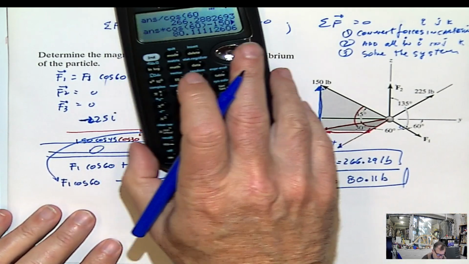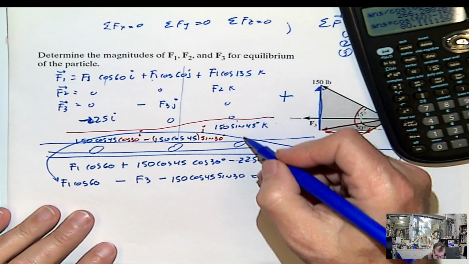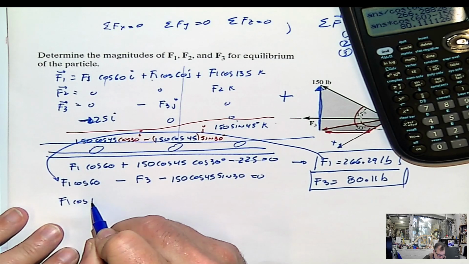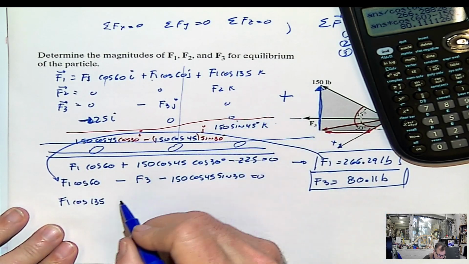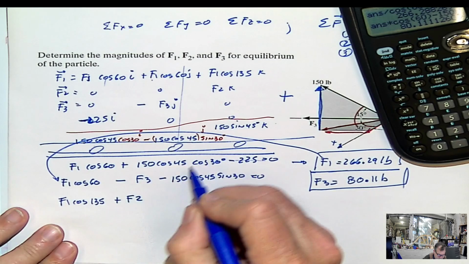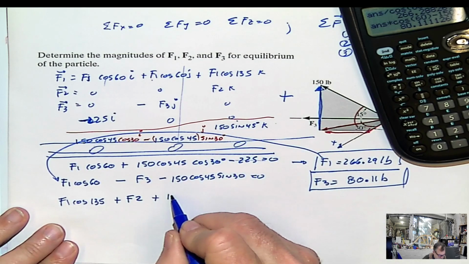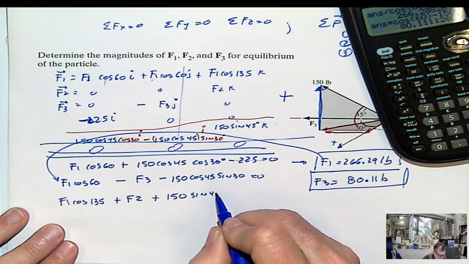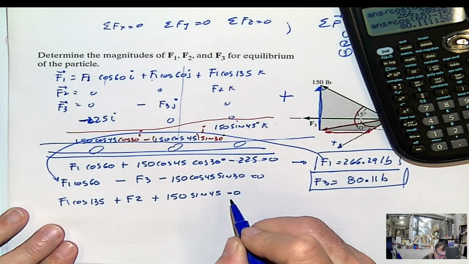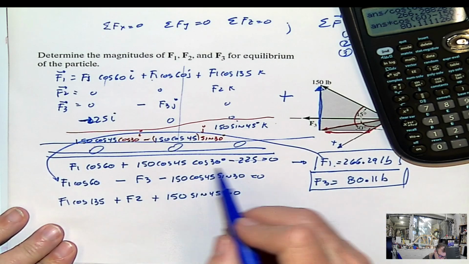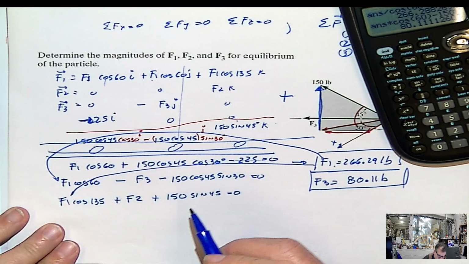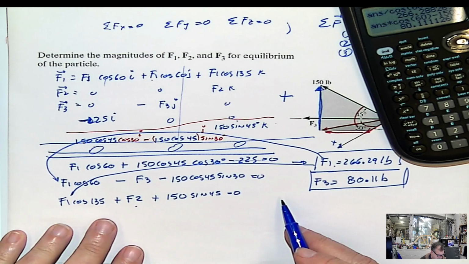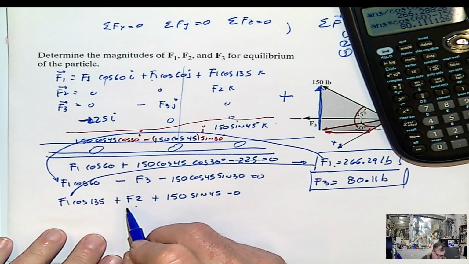F3, and for F2 we go to the last column: F1 cosine 135 plus F2 plus 150 sine 45 equals 0, and F1 is known. This is the value for F1. So I'm going to pass these two to the other side, and that will give me the value for F2.